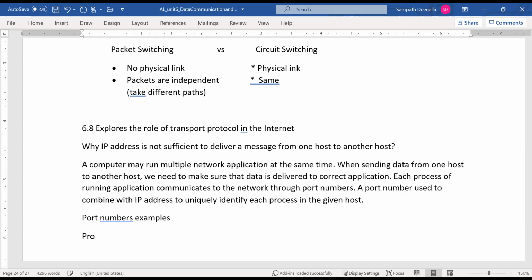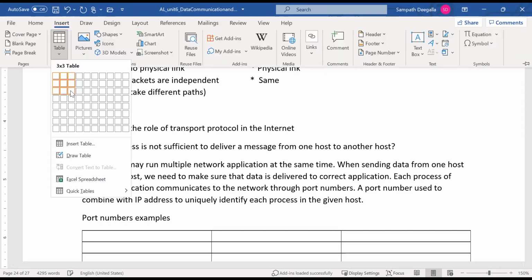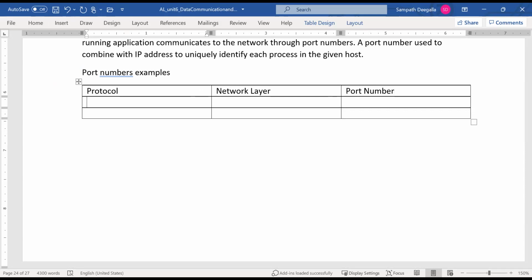So right now, let me have a table. I'm going to use protocol, network layer, and port number. I will explain this network layer later on. So now we discuss IP address is not enough.